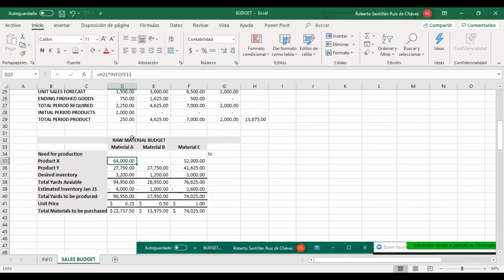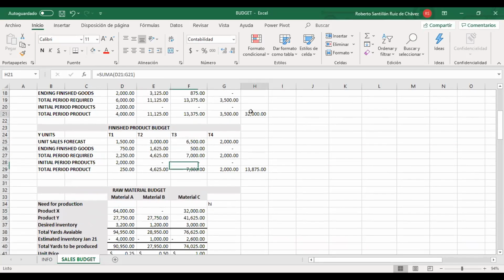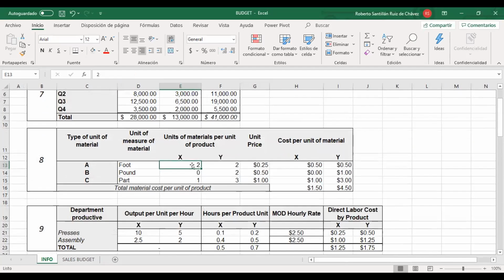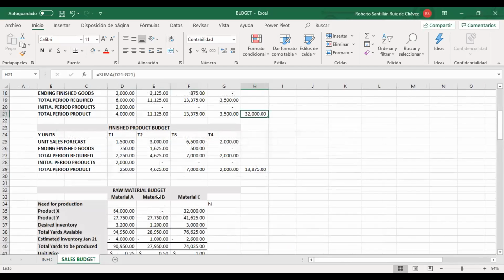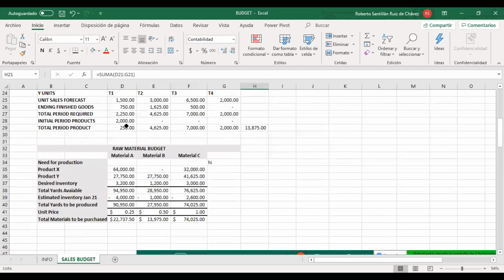Okay, what we did was to multiply the total period production times the units. You need it per quarter. Oh, yes? Yeah, you need it per quarter. I asked that, but we didn't know.